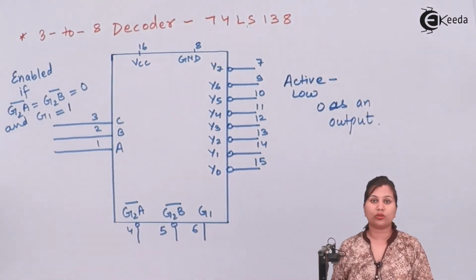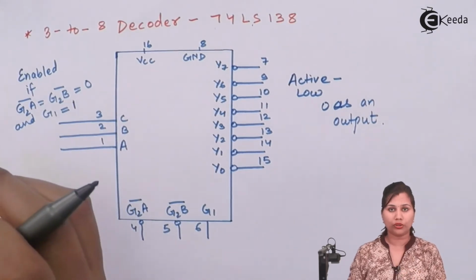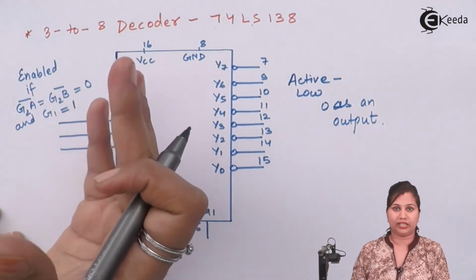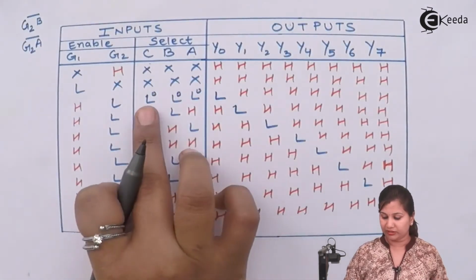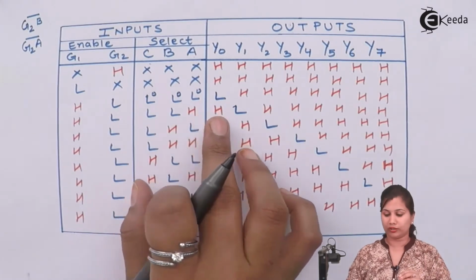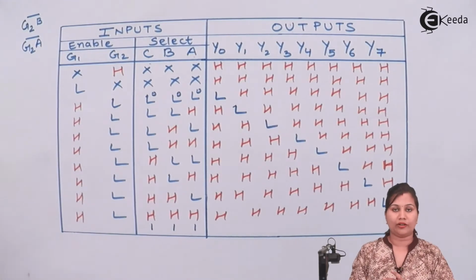So what this decoder is basically doing is decoding whatever combination or code you give at the input. That is, if you give the code 000, it means that this code is for the output line Y0 and it has to be activated. So it is decoding the code which is given at the input.